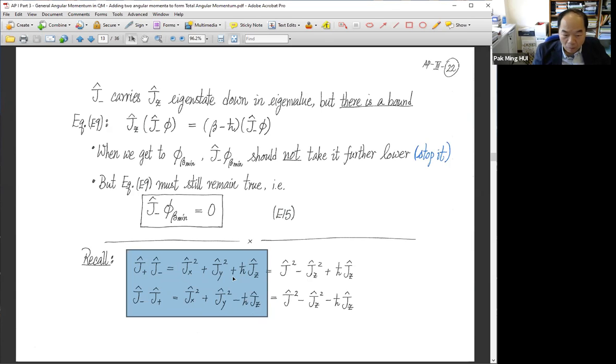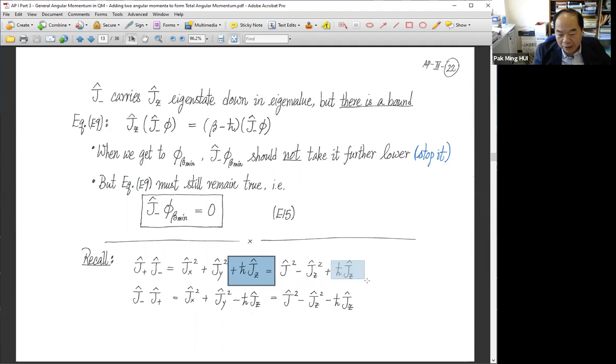I hinted at before: if I add a JZ squared term here, the three terms will give me J squared. But I have to subtract that out again. So I have this and copy this thing through. I hope that you see why this is so. And in a similar way, the second line, do the same thing, just off by a sign.